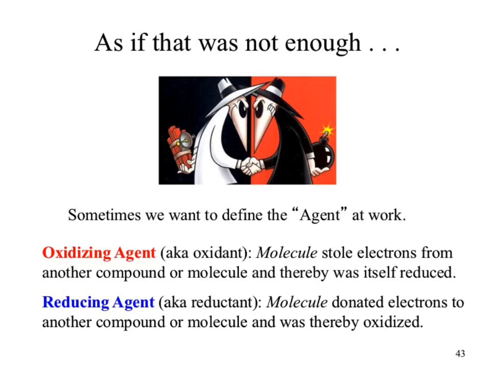So we are looking very carefully at how we apply those definitions and making sure that we match appropriately. To answer a question about reducing agents, very typically what I would do is cross out reducing agent and write oxidized. Next to oxidized, I would write loss of electrons.